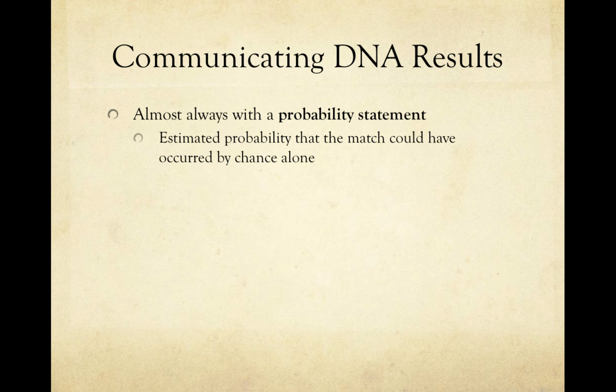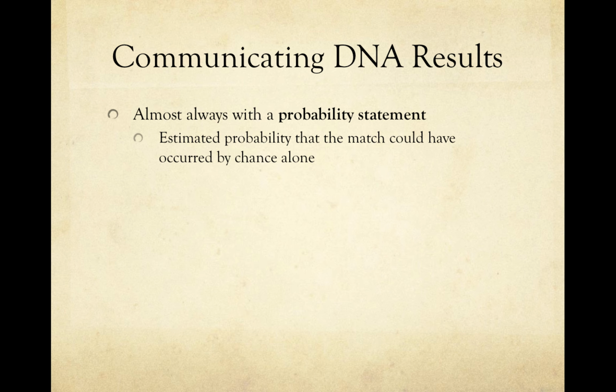This is almost always done with a probability statement, which is essentially the estimated probability that the match could have occurred by chance alone. For example, the communicator may say that the odds of the DNA from the crime scene not being from the defendant is 1 in 12 billion.